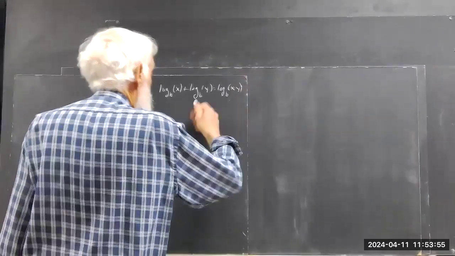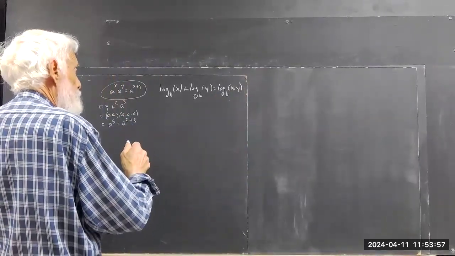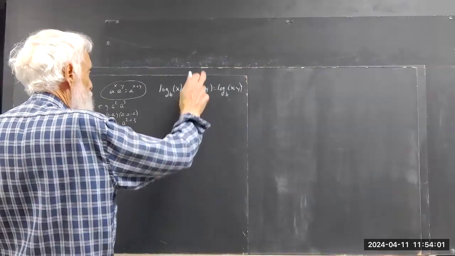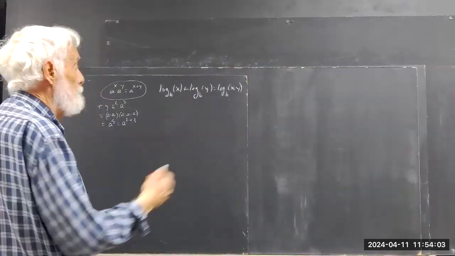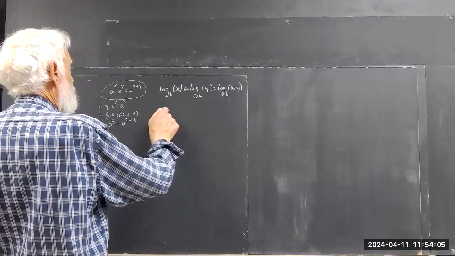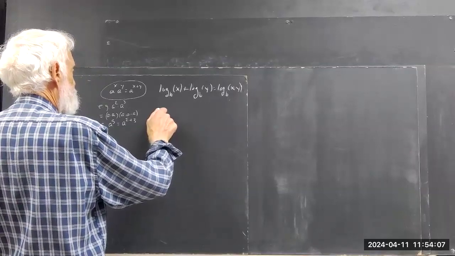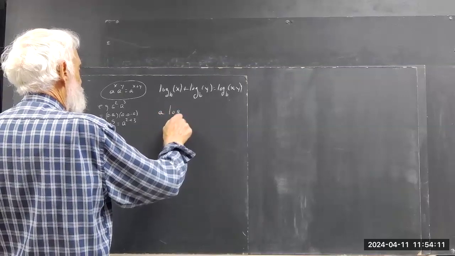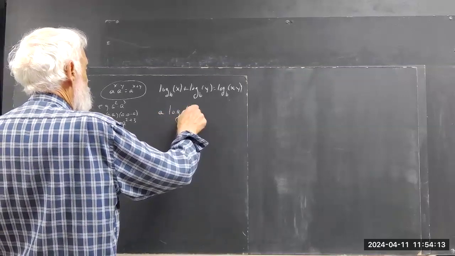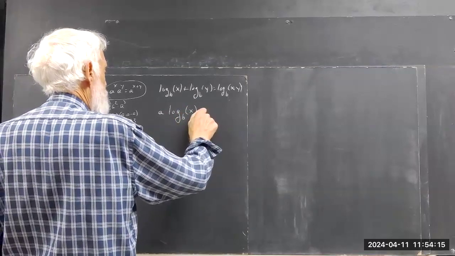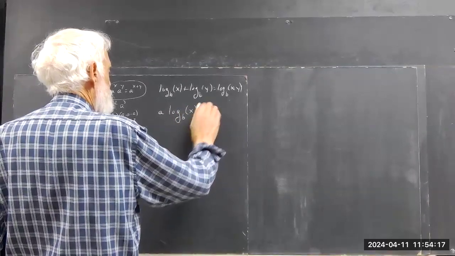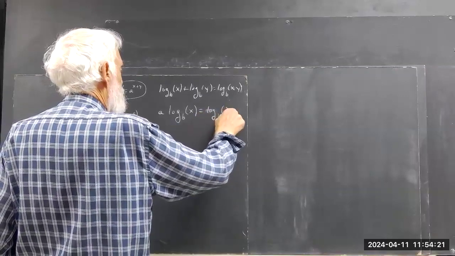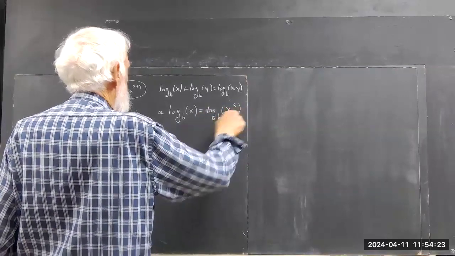Same rule, just using X and Y instead of A and B. Because I just realized having a B for the base and a capital B up here could be confusing. Okay, so now I'm going to say that A log base B of X equals log base B of X raised to the A power.